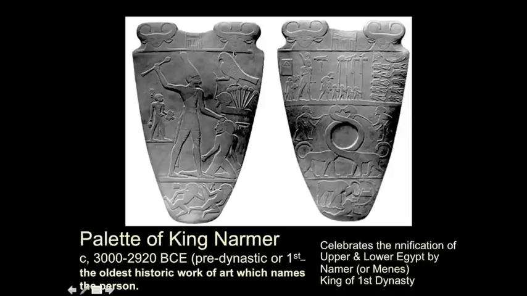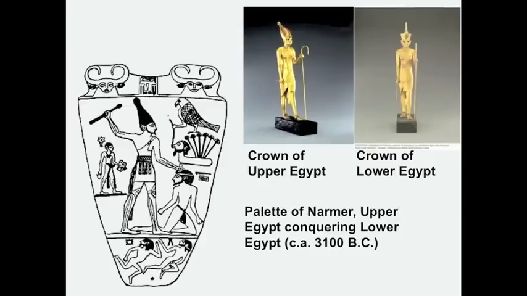If you look at the image here, you see Pointy Hat Man holding a stick or a staff and subjugating the man who's on his knees. People are swimming below. Horus falcons, various gods are overseeing the whole operation.